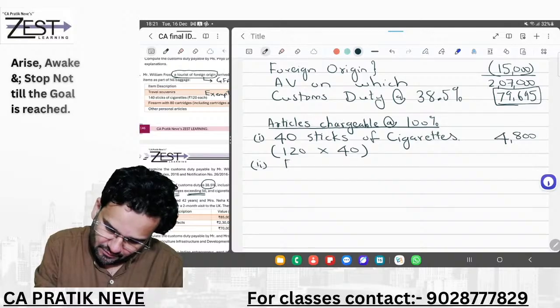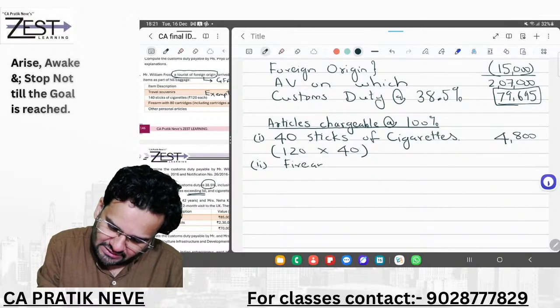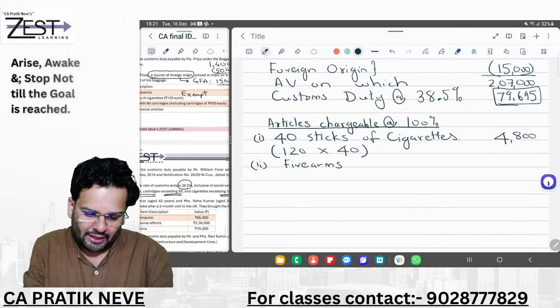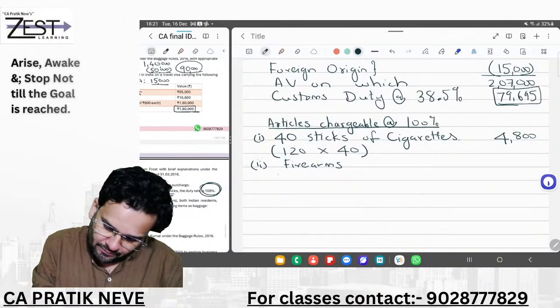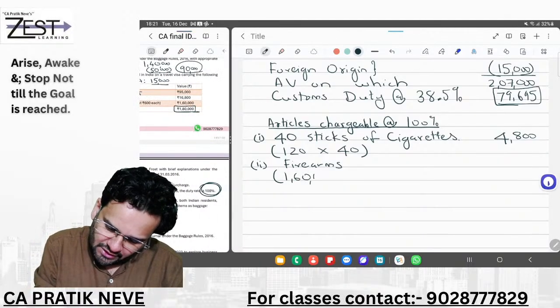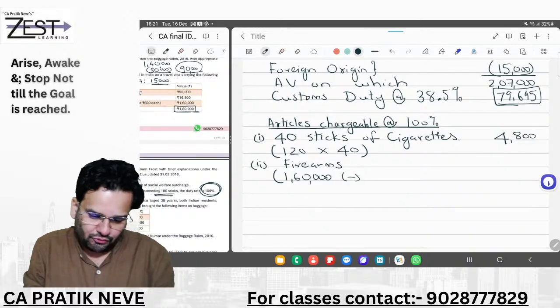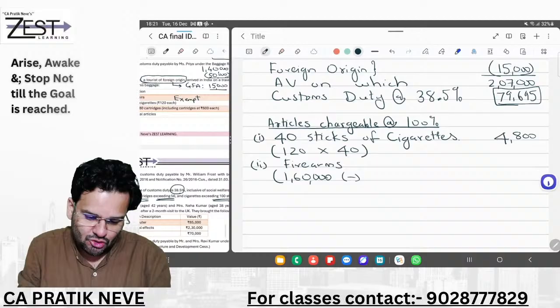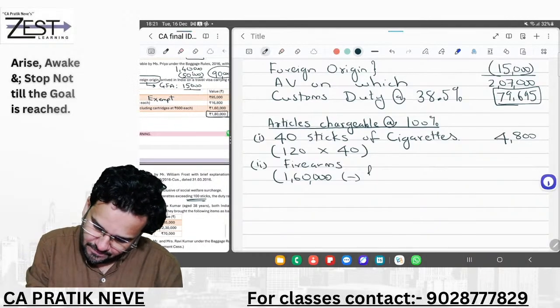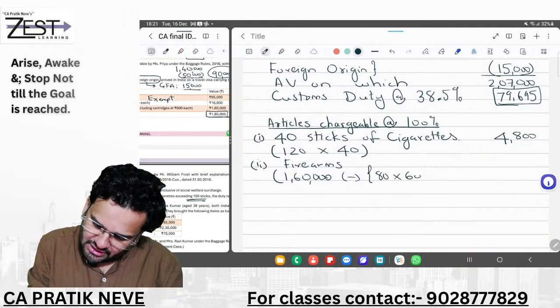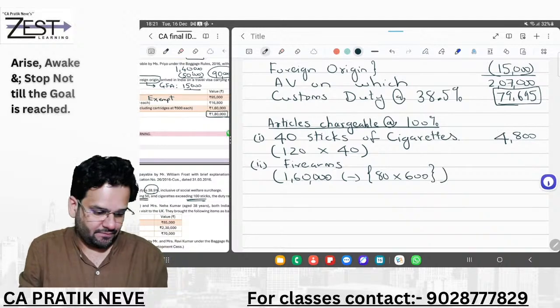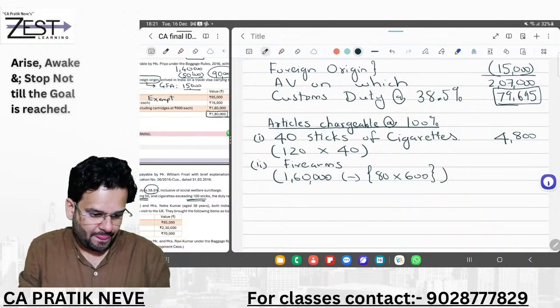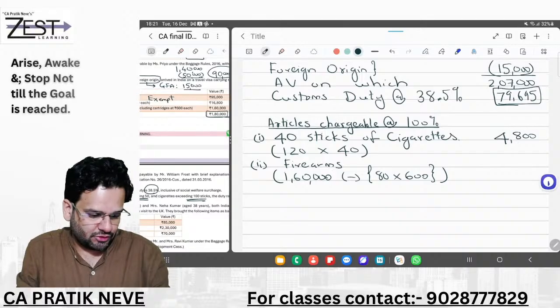Second point, firearms. Now entire firearms value. How will you calculate firearms value? Now entire amount given is 160, but out of which for cartridges is 18 to 600. 18 to 600 is for cartridges, which is 48,000.